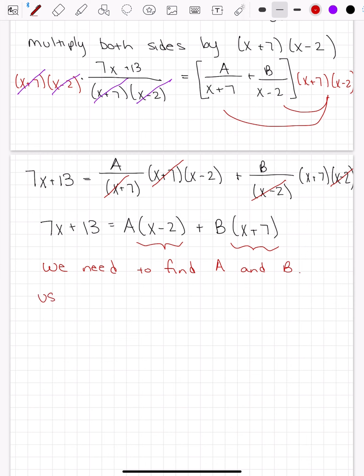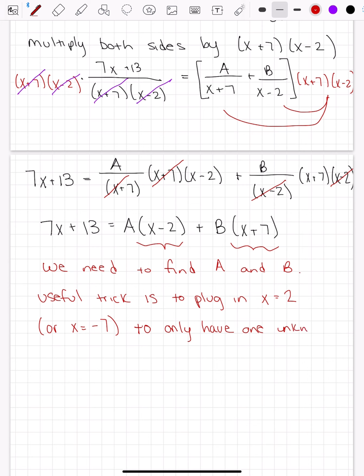A useful, I don't want to call it trick, but for lack of a better term right now, it's going to be a useful trick, is to actually plug in the factors, right? x equals 2, or x equals negative 7, to only have one unknown. Okie dokie. So let's plug in x is 2.